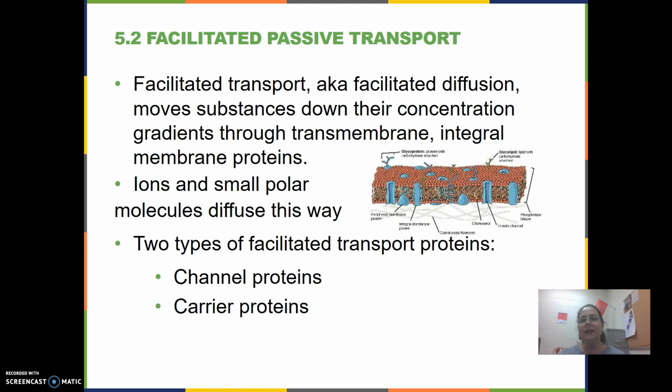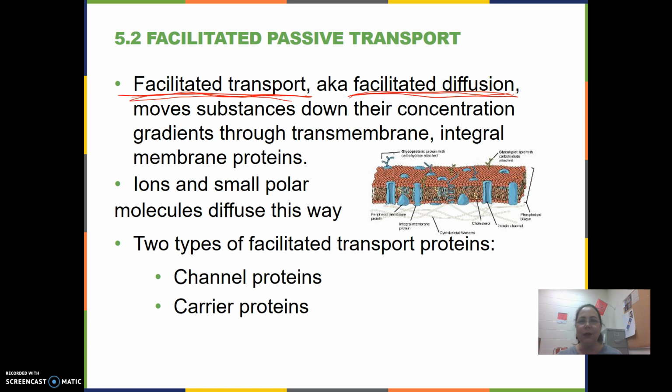Now, molecules that are nonpolar and lipid soluble can diffuse directly across the phospholipid bilayer. But other molecules which are polar or charged have to be transported through one of the membrane proteins. So facilitated transport or facilitated diffusion, which mean exactly the same thing. To facilitate means to aid or help.